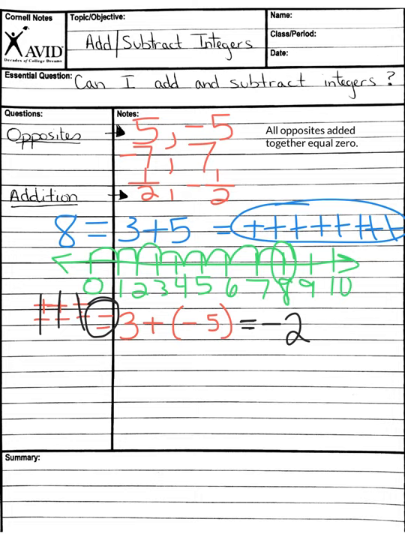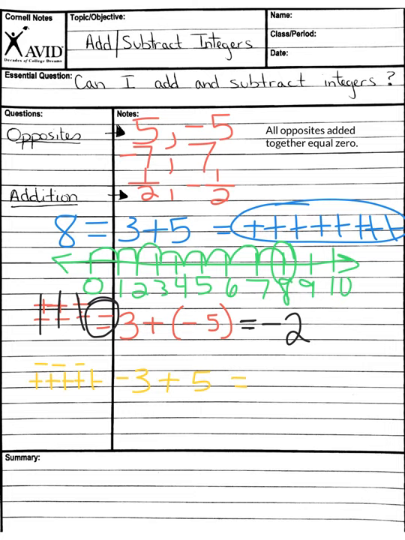Let's look at that again, but let's kind of turn that around and talk about it. What if the 3 was negative and my 5 was positive? What would that look like? Well, I would have 3 negative symbols and 5 plus signs.